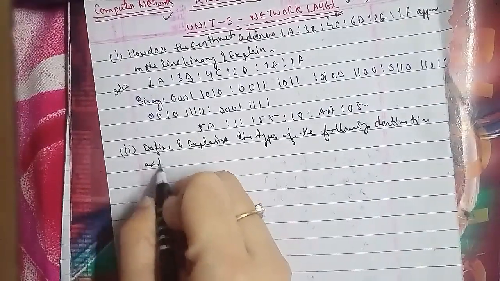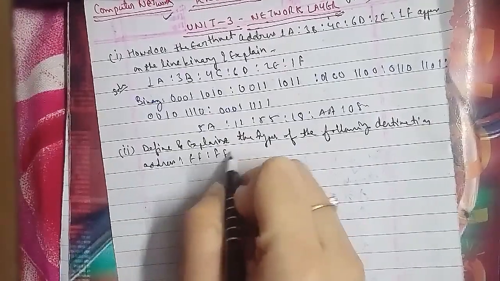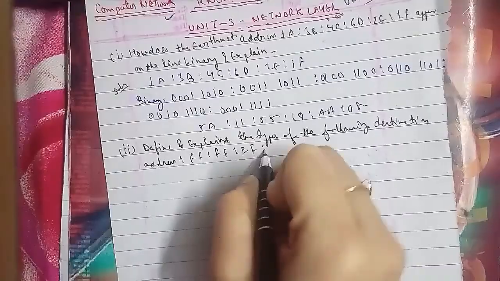This has been asked for 5 marks, and the other also for 5 marks, so in total they asked you 10 marks. So for this we have a solution here.